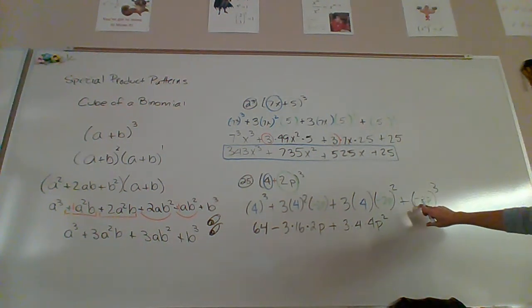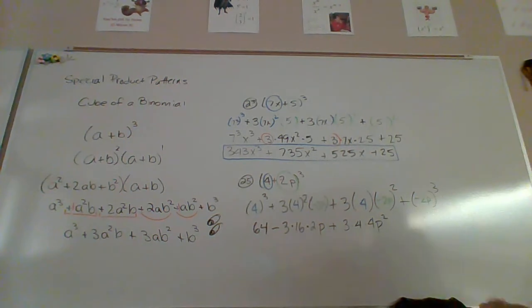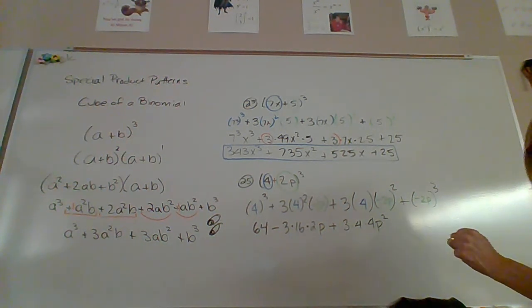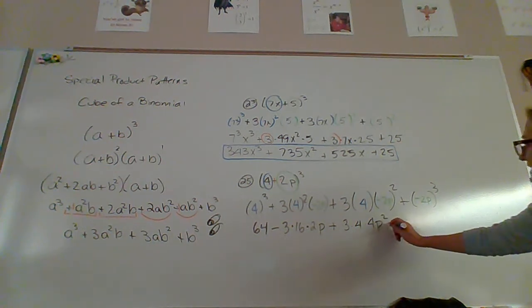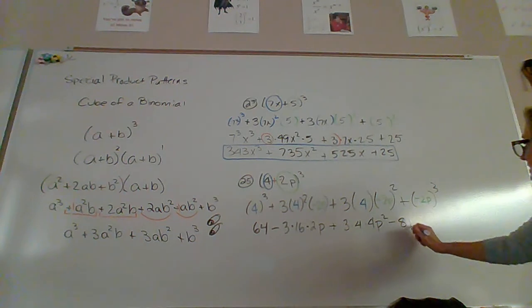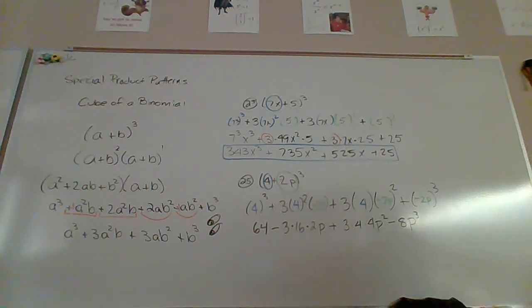Well, if I raise a negative number to an odd power, that's a negative times another negative. So there's 3 negatives, it's going to end up being negative. 2 to the third power is 8, and then p to the third power. So it looks like we're ready to wrap it up just by doing our multiplication.